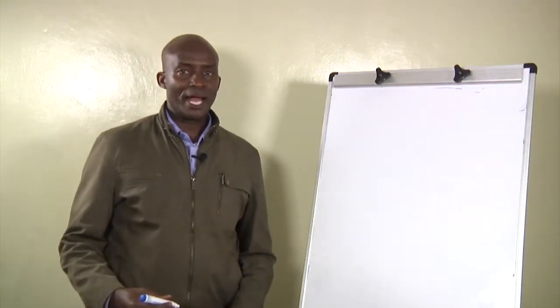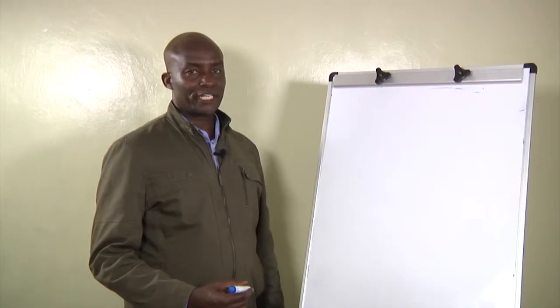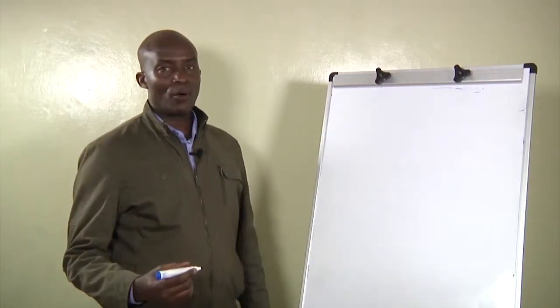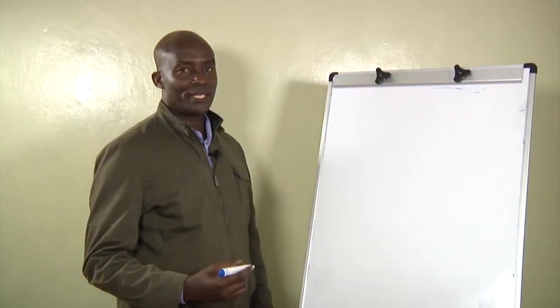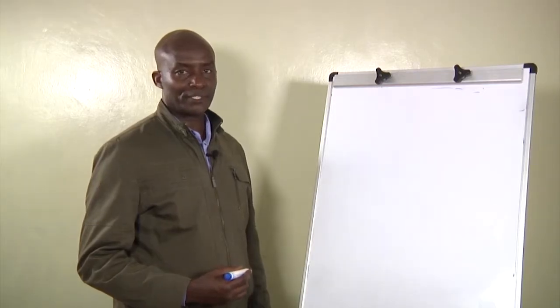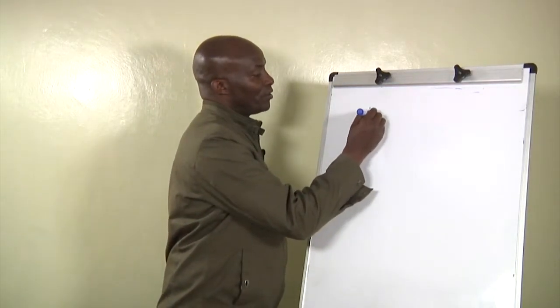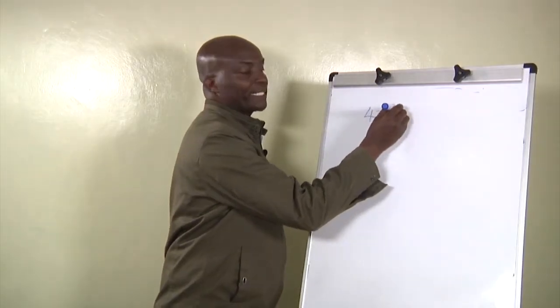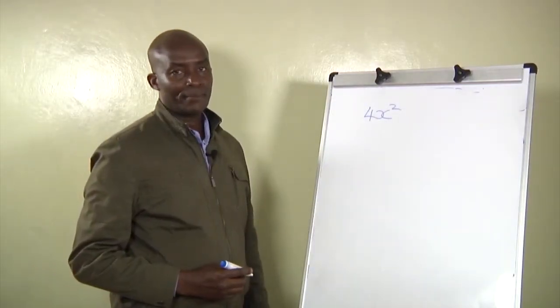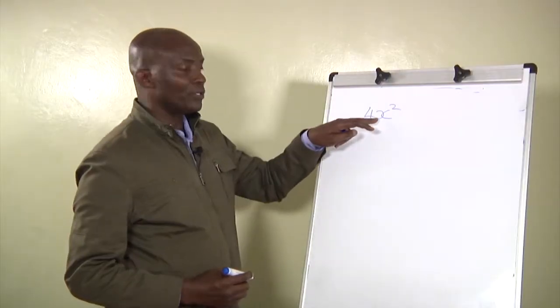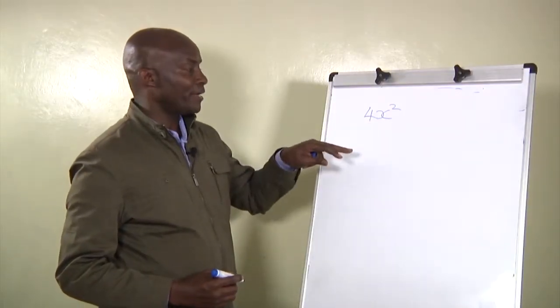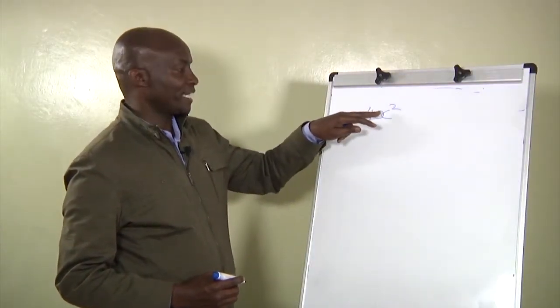Now, when we are dealing with quadratic expressions, remember we have three terms in a quadratic expression. The first one is what we call the quadratic term. Why? Because it has x squared in it, the second degree.